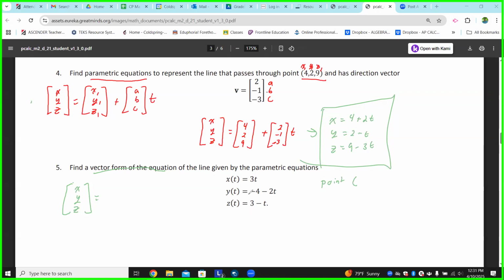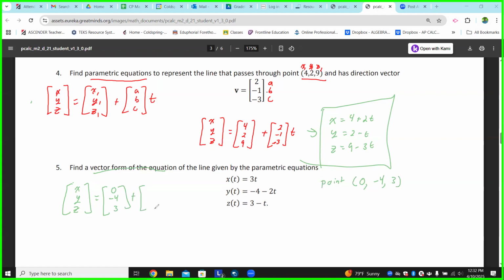So on x, is there a number that does not have a t attached to it? So what would that represent? 0. What would be my y? -4. What would be my z? 3. Good. So those right there, these numbers here represent the point that was used. So when I come over here, I'd write it out as 0, -4, 3.